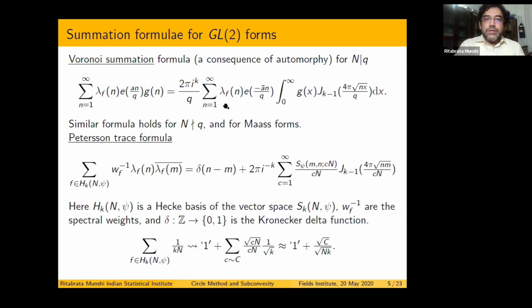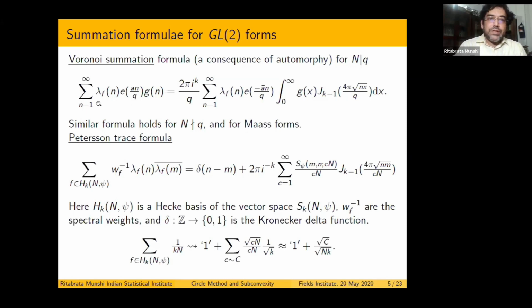I'm writing this down for a holomorphic modular form, where k over here is the weight of the modular form, but such a formula is also there for Maass forms. I'm not going to write it down explicitly here.